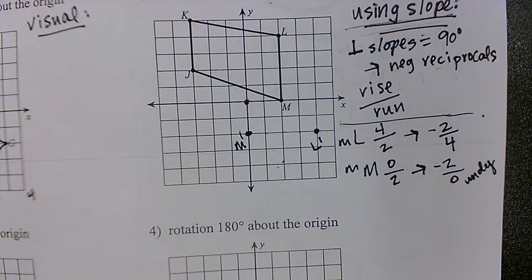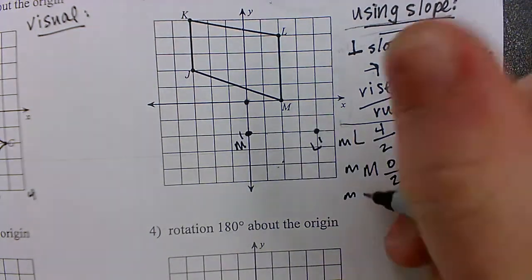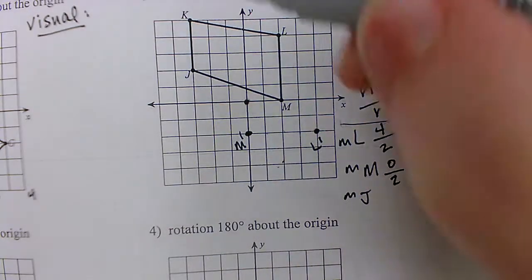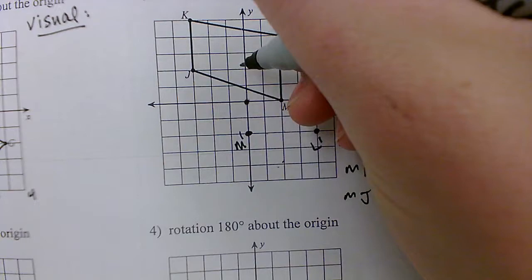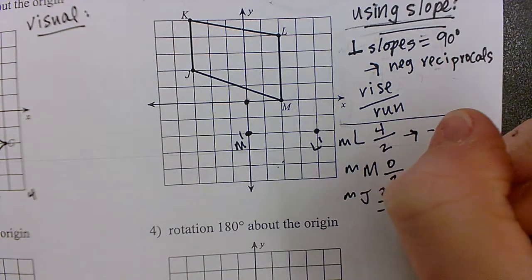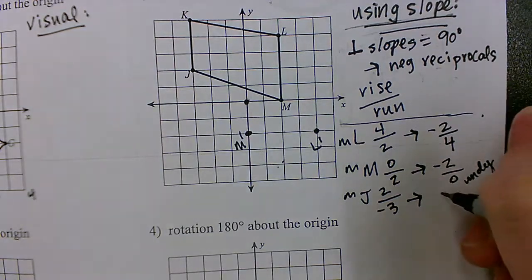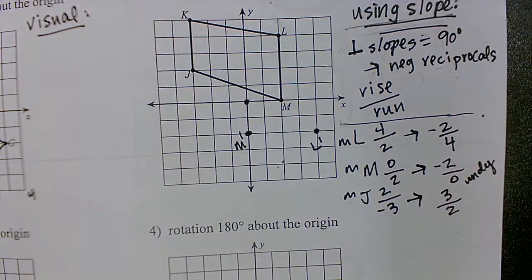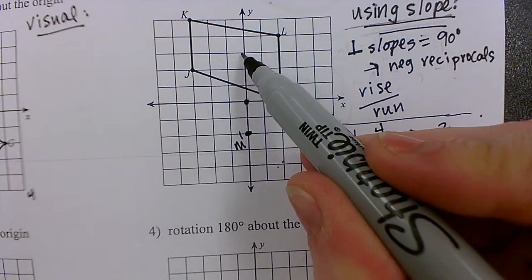I should be using a different color, but sorry about that. So the slope going through point J is positive 2 over negative 1, 2, 3. So negative 2/3 is now positive 3/2. So I'm going to go up 1, 2, 3, and to the right 2.